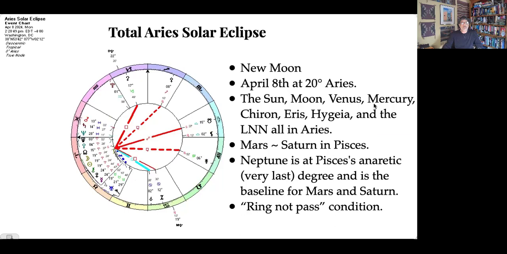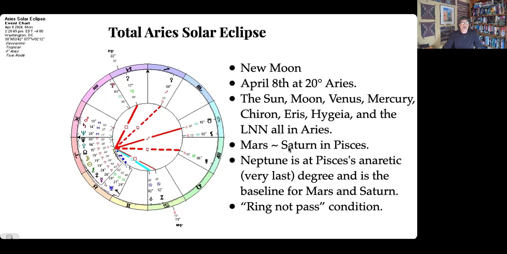The Sun, Moon, Venus, Mercury, Chiron, Eris, Hygiea, and the lunar north nodes now are all in Aries. This Aries band of characters has greatly increased, definitely intensified. Again, Mars and Saturn in Pisces underscores all this Aries energy.